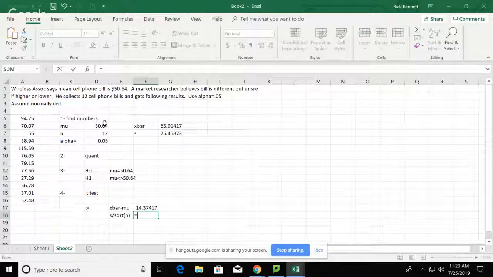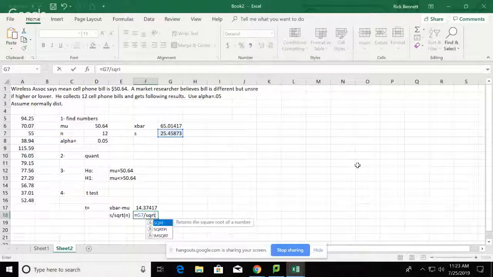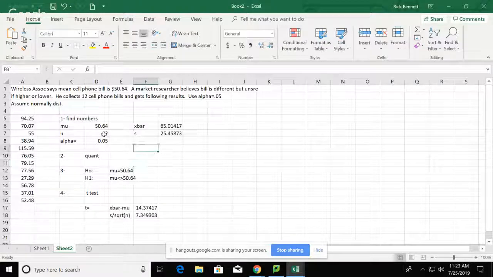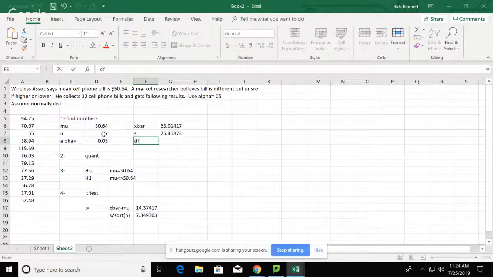Standard deviation is $25.50 divided by square root of 12. Oh, by the way, I should have mentioned this. What's the other number I'm going to need since this is a t-test? Degrees of freedom is 11.